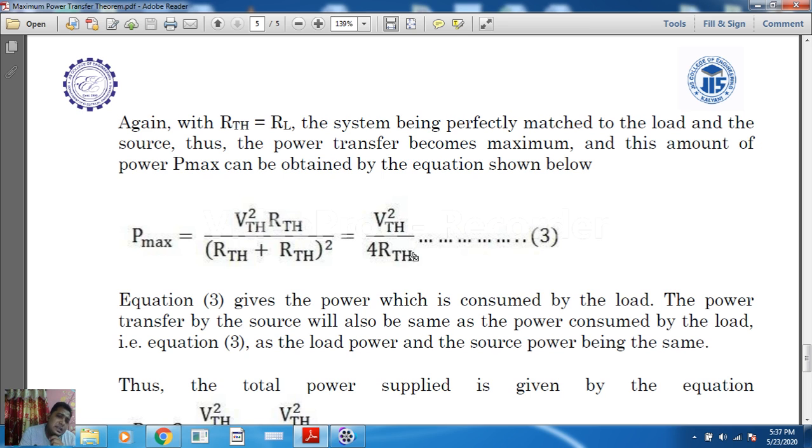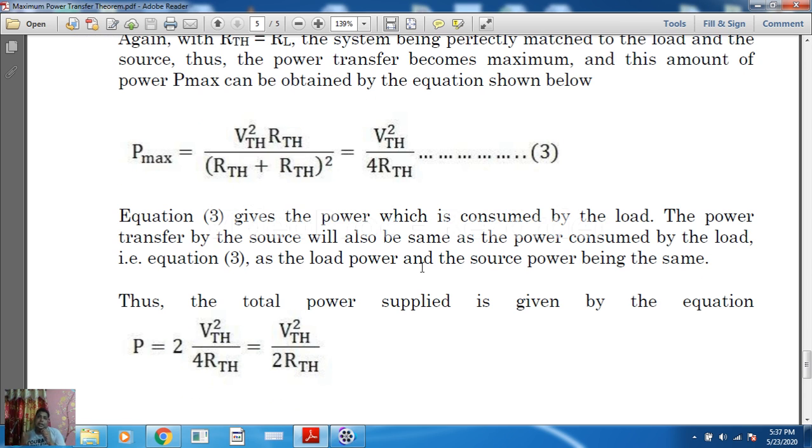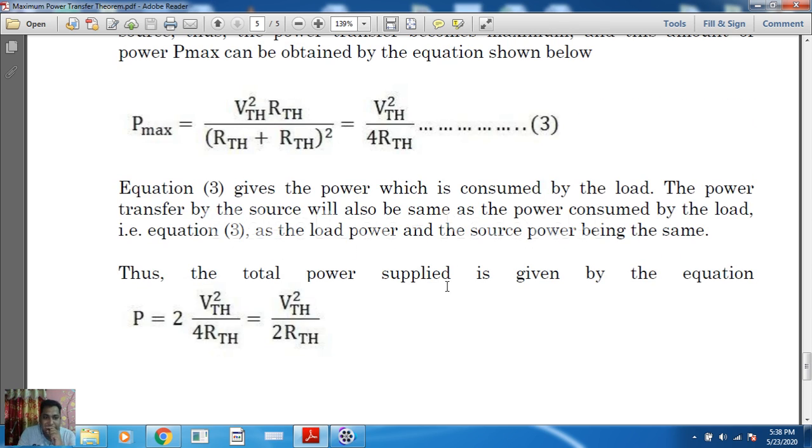The ultimate result is VTH square by 4 RTH. This is the amount of maximum power that can be delivered through the load resistance when the load resistance is equal to the Thevenin's resistance of the circuit. So this is the simplification we have done.